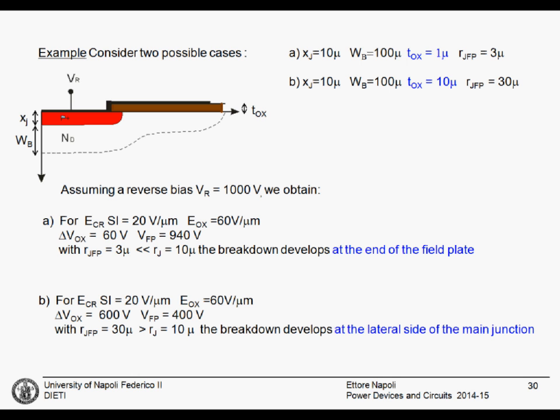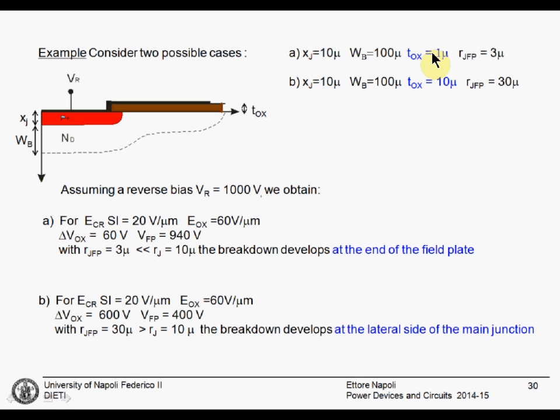In the first case, the curvature of the main junction is 10 micron. The thickness of the depletion region, WB, at breakdown is 100 micron. And the thickness of the oxide is just 1 micron.